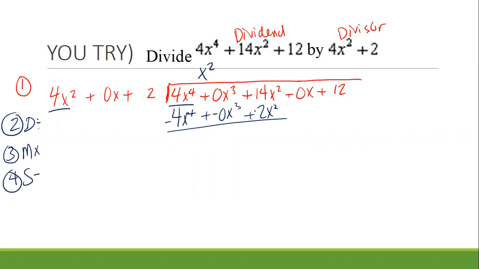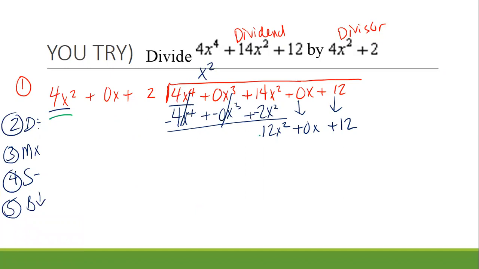So subtracting means I'm changing their signs. 14x squared minus 2x squared is 12x squared. The degree of my remainder and the degree of my divisor are equal, so I can still repeat. So I'm going to bring down. And repeat.